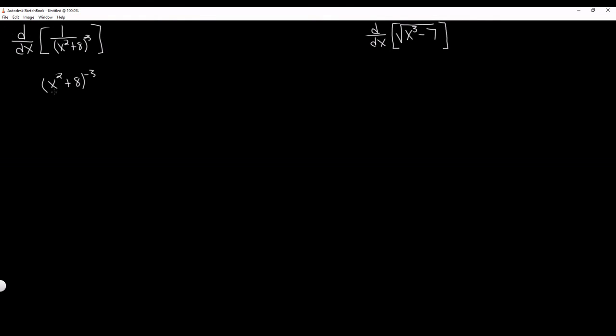We have an inside function that's something other than just x, inside a larger function, which is to the negative 3rd power. So if we go about this just like all the other problems we've done, we bring down the parentheses, and we bring the exponent using the power rule out to the front. So this will be negative 3.